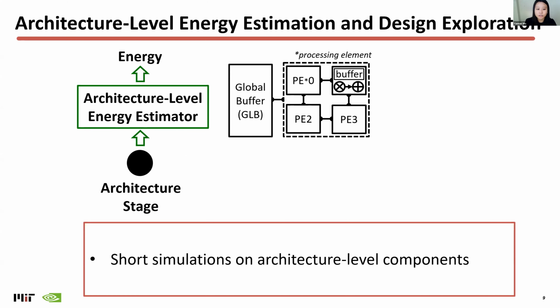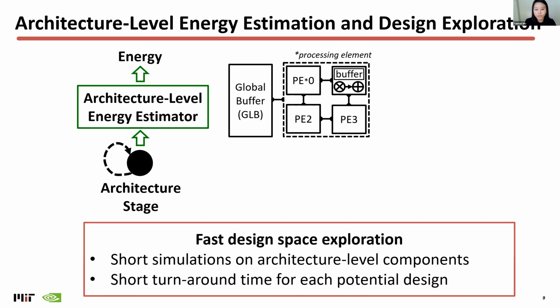With an architectural level energy estimator, we perform the energy estimation right at the architecture stage. As you can see here, we're taking in the architectural blueprint at the architecture stage and performing energy estimations on the architectural level components in the design, such as a global buffer or MAC unit. Since there are much fewer such architectural level components than gate level components, the simulation time of such estimations is much shorter.